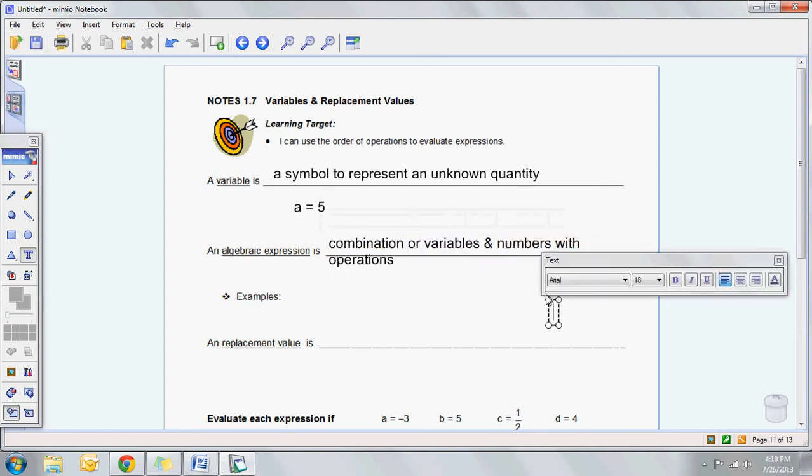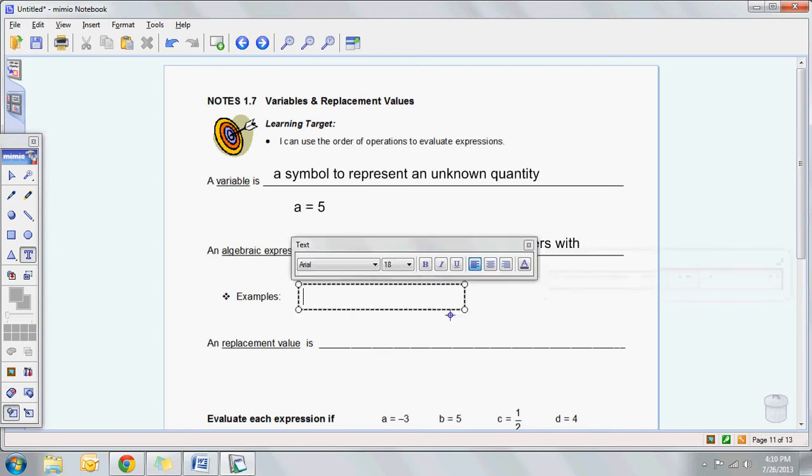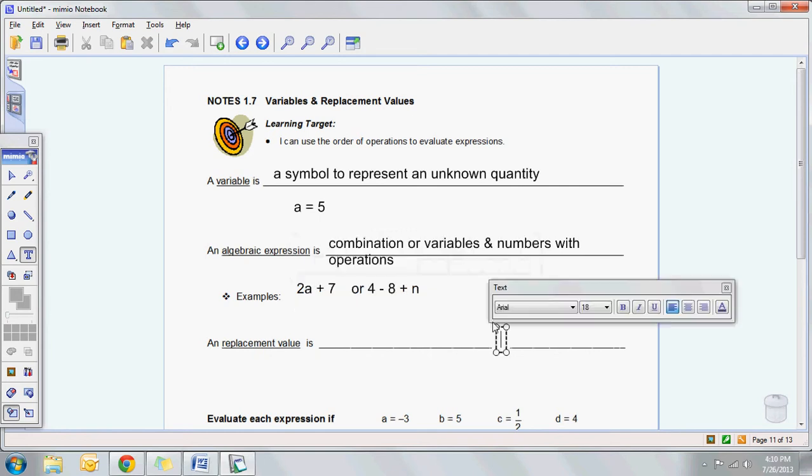So it has to have like an n and a 2 and a plus sign, minus sign, multiplication, division. So an example of this would be 2a plus 7, or 4 minus 8 plus n. Okay, so those are expressions. They have no equal sign, but they're just an expression.